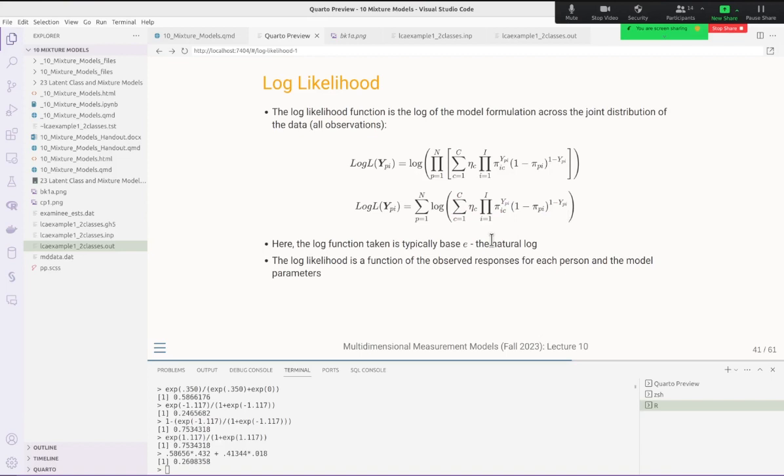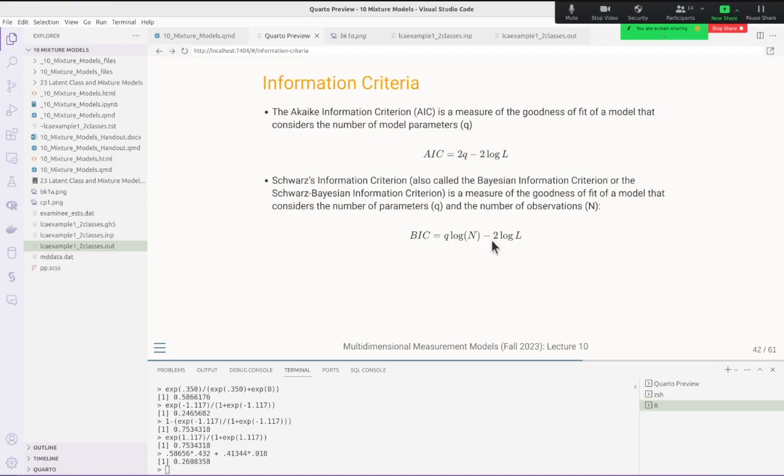But leaving that aside, once we have the log likelihood, we can then use it to form our AIC, where Q is the number of parameters, or our BIC, which weights in Q and our sample size, and then the sample size adjusted BIC, which I'm not entirely sure what the formula is on that. But information criteria are what we use to determine how many classes we have in our data, generally speaking.